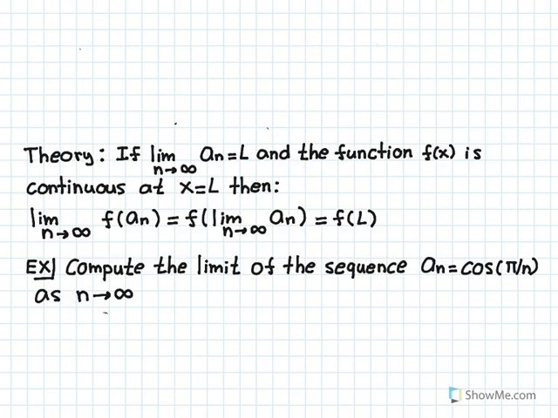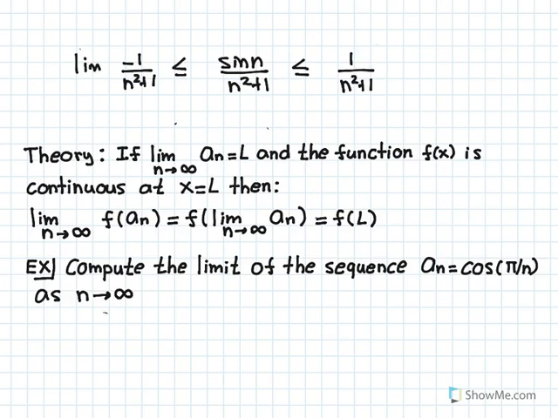So basically what we have is sine n divided by n squared plus 1 is less than or equal to 1 over n squared plus 1, larger or equal to negative 1 divided by n squared plus 1. We take the limit of everything as n goes to infinity.